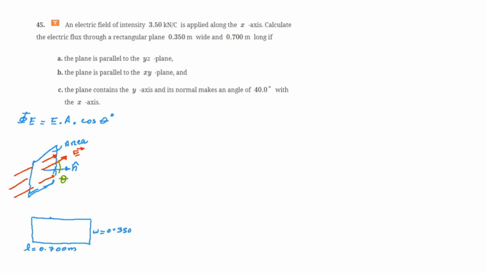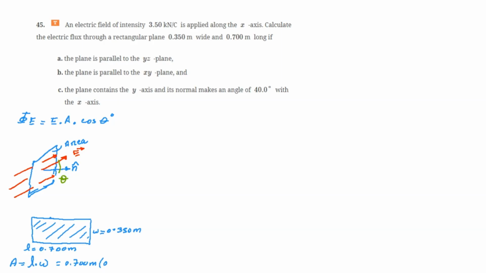So if I want to find the area, that is all this amount of surface we have over here, it's L times W. So it's 0.700 meters times 0.350 meters, which is 0.245 meters squared.